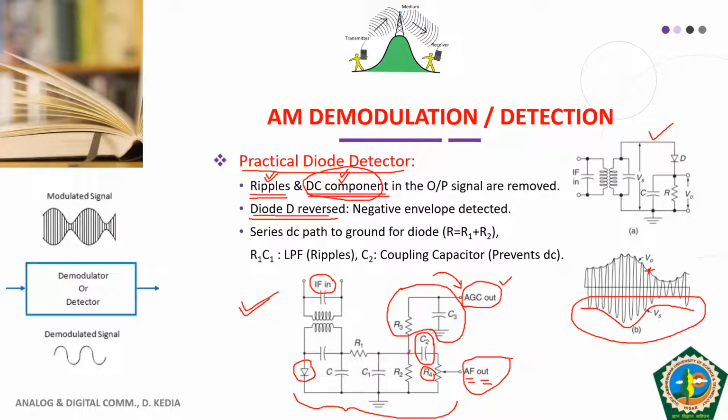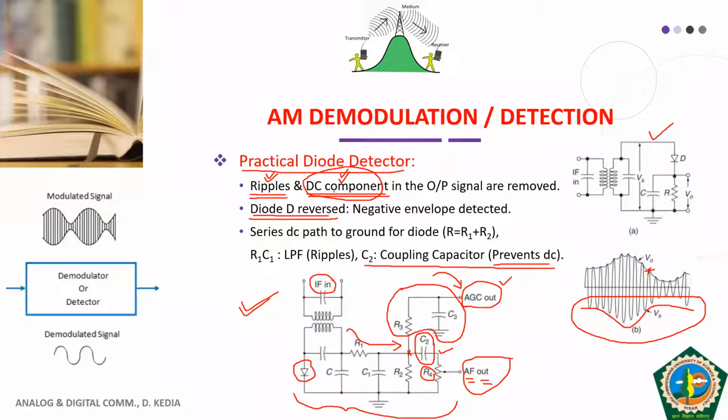So whatever DC comes here, this DC will be blocked by this C2. This is also called a coupling capacitor. That way there will be no DC component present in the audio frequency output signal. So this C2 coupling capacitor prevents DC from coming out. It will be blocked.